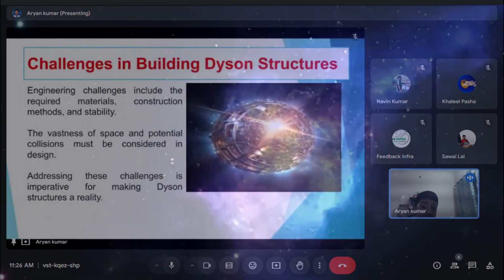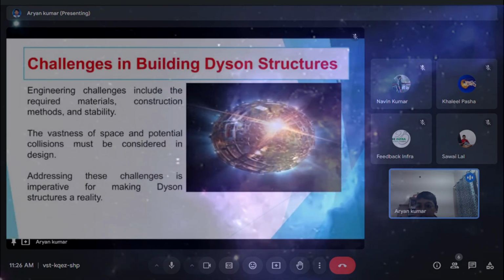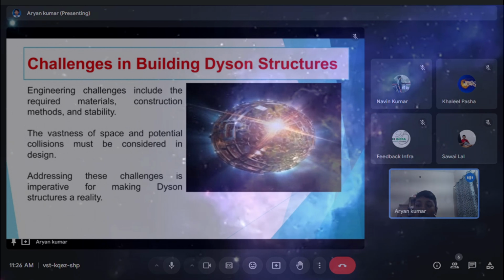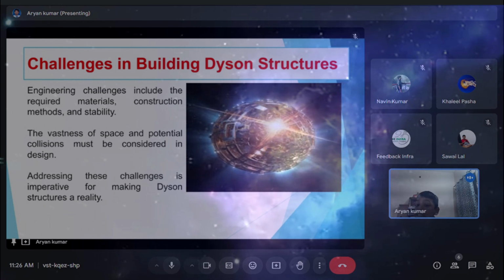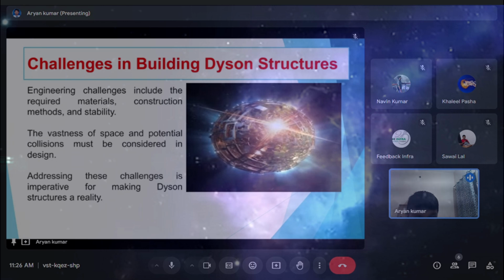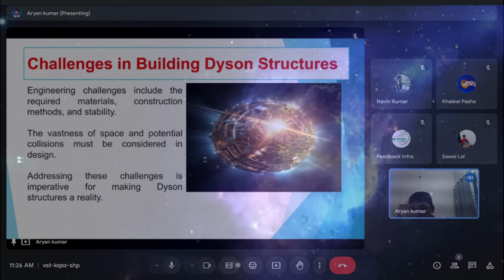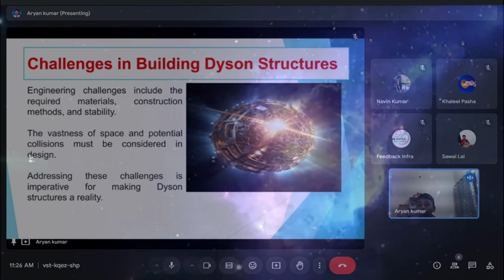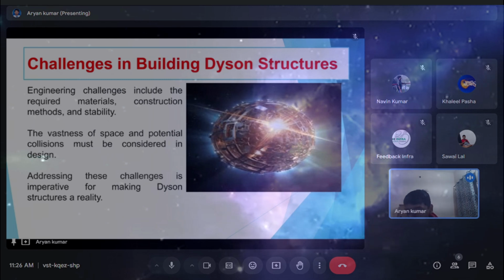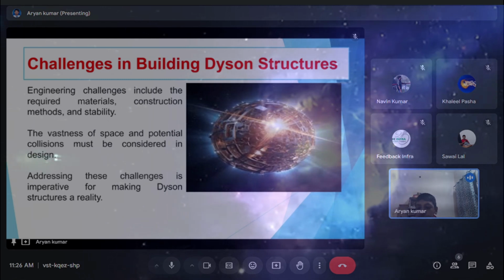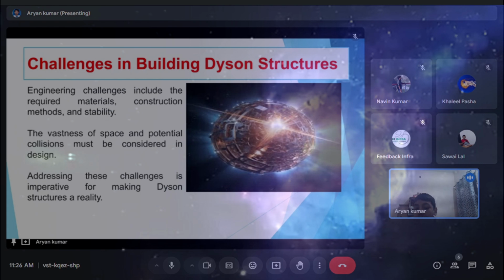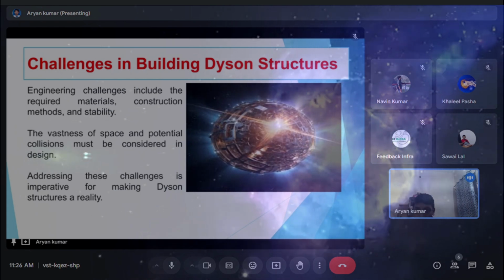So, challenges in building Dyson structures. Engineering challenges include the required materials, construction methods, and stability. The vastness of space and potential collisions might be considered in the design. Addressing these challenges is imperative for making Dyson structures a reality.